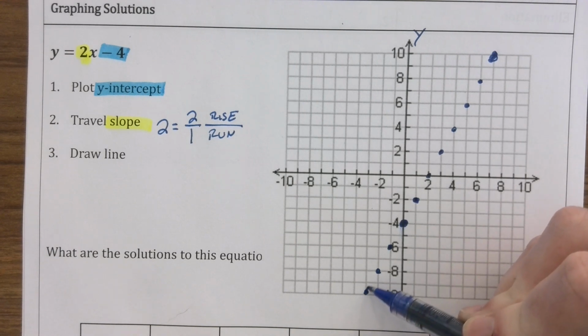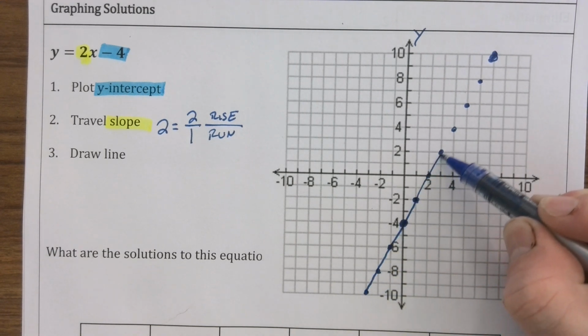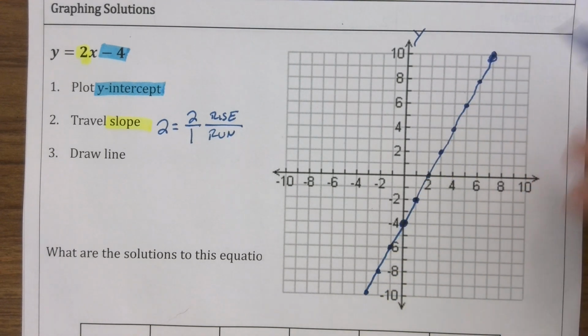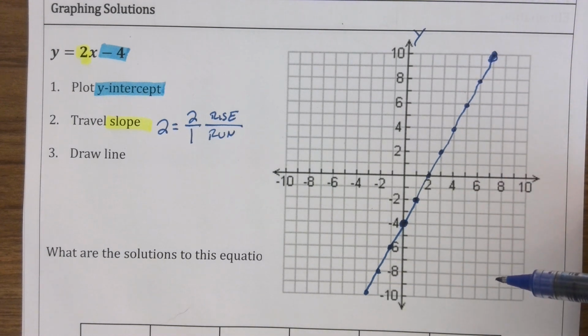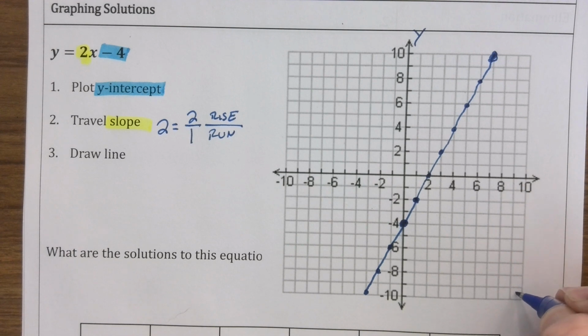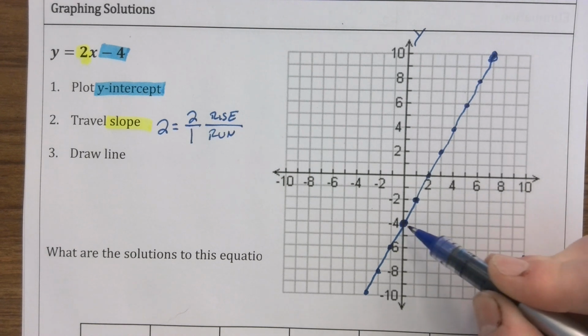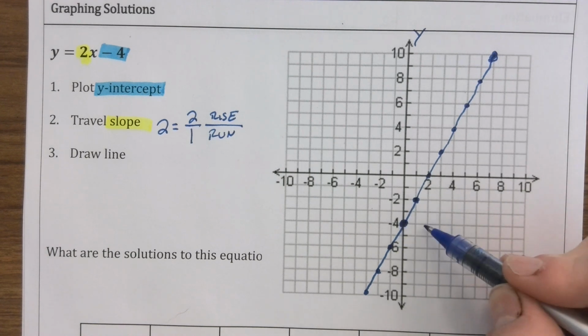And now I have my line. It is important that your dots are in the right place. I want you to be really precise with this. Don't put your dot in the middle, because it's hard to tell where that is. Put your dots exactly at the intersection.